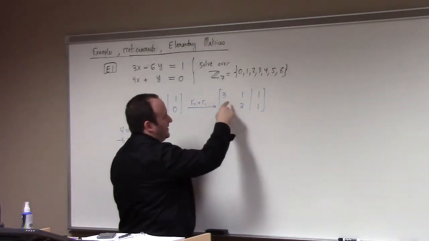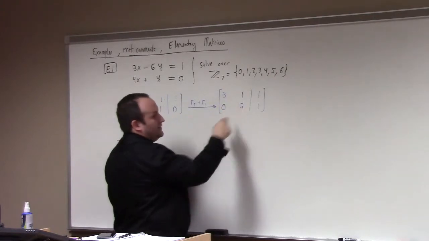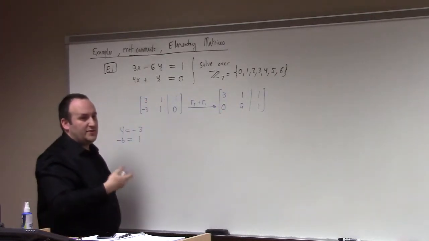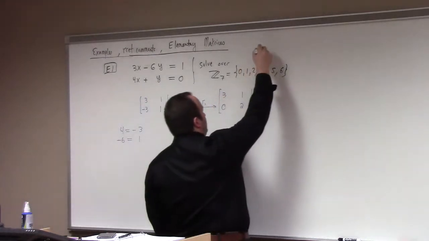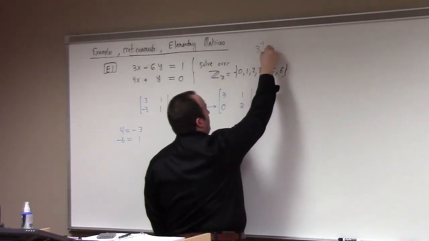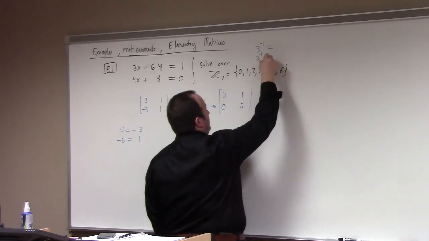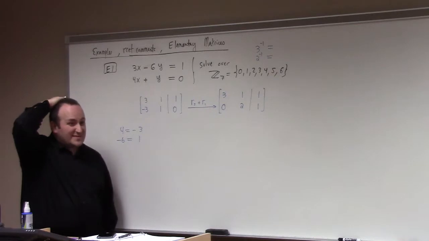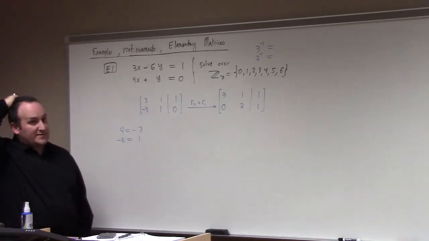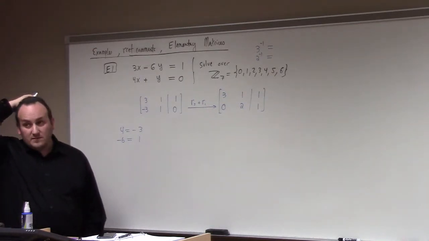Well, not entirely. I really want to rescale the 3 and the 2 to 1. So I need to multiply by 3 inverse and 2 inverse. What is 3 inverse? What's the multiplicative inverse of 3? And what's the multiplicative inverse of 2 in this number system? 3 times what gives me 1, mod 7? What's that?